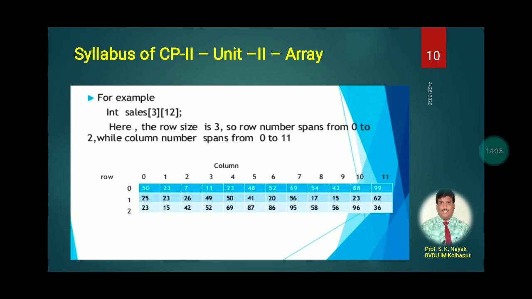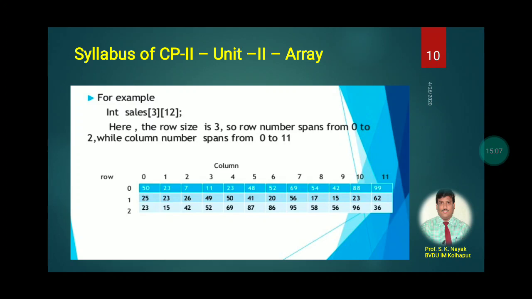As I told you, an array starts from index 0, so the rows are the 0th record, 1st record and 2nd record. So 0, 1, 2, a total of 3 rows, as you can see in this figure. The column size is 12, a maximum of 12, so it runs from column 0 to 11, that is n minus 1.